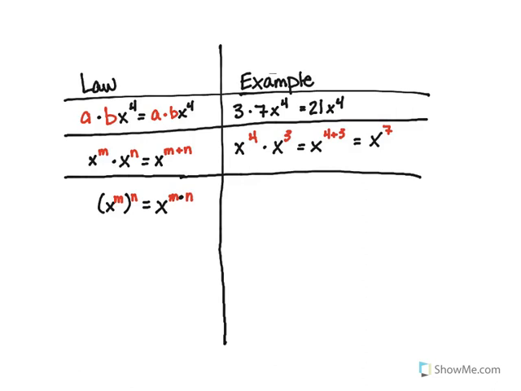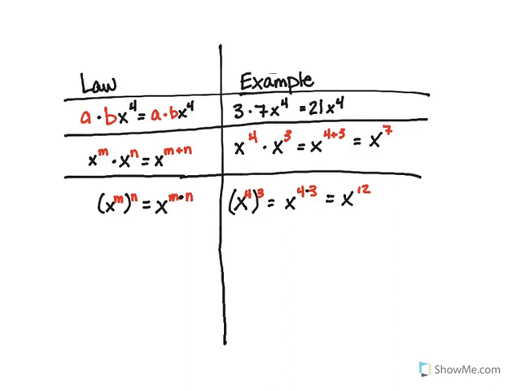So for example, if I have x to the fourth, and then it's raised to the third again, I'm going to get x to the 4 times 3, which is just x to the 12th. So this is the case when you would multiply.